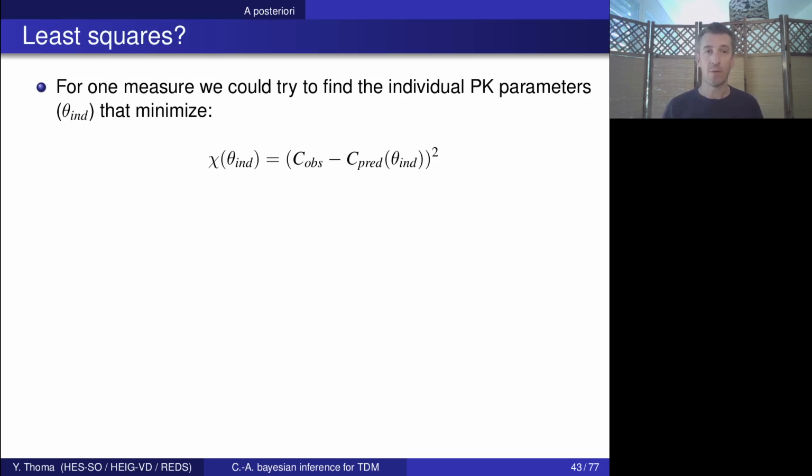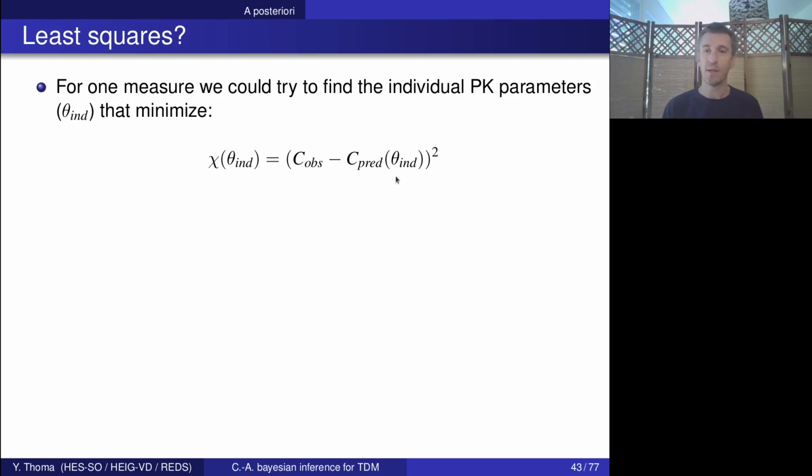There is a method called least squares that would allow us to find the individual parameters, for instance the clearance and the volume, and for those specific parameters, we'll try to minimize the difference between what we observe, the real concentration, compared to what we would predict with these parameters, and we take the square of this.